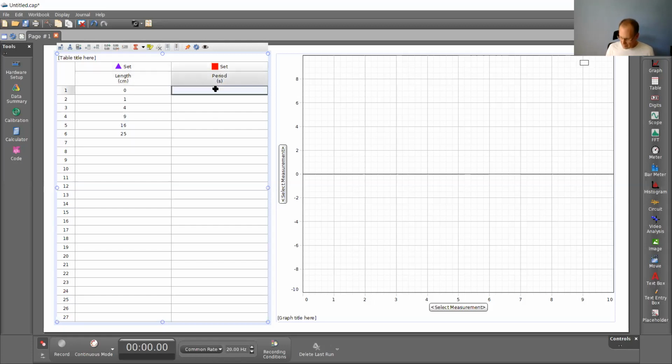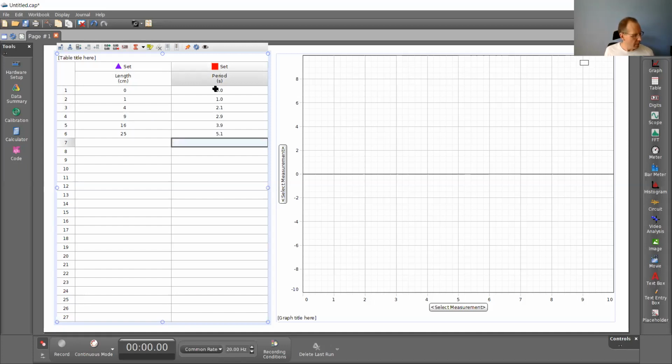And then for the periods, say 0, 1, maybe 2.1, 2.9, say 3.9, 5.1. I just want to make up some data that will look like a square root function, right?